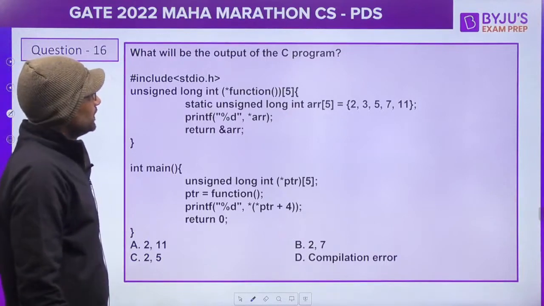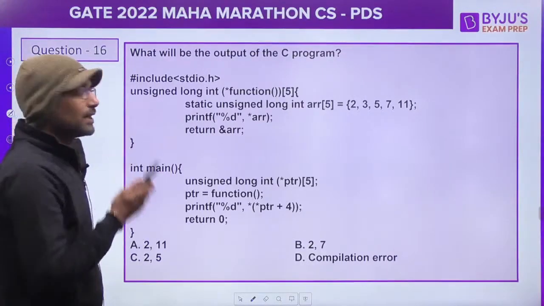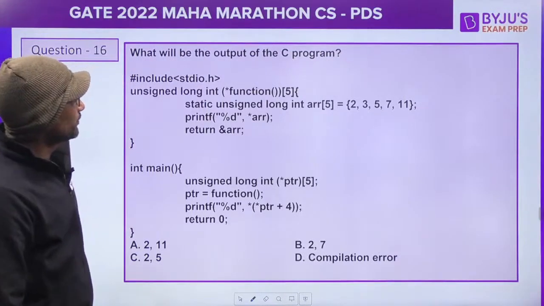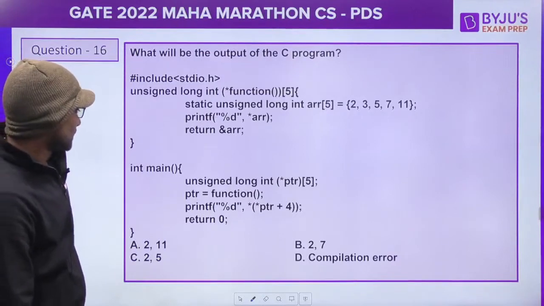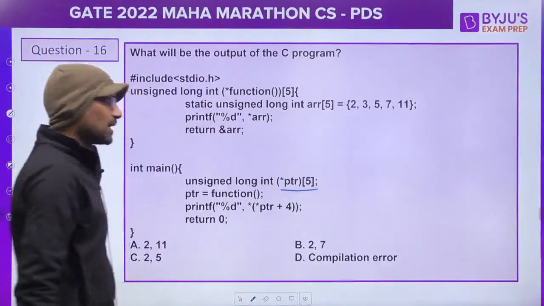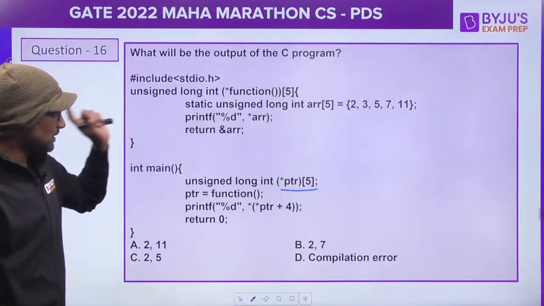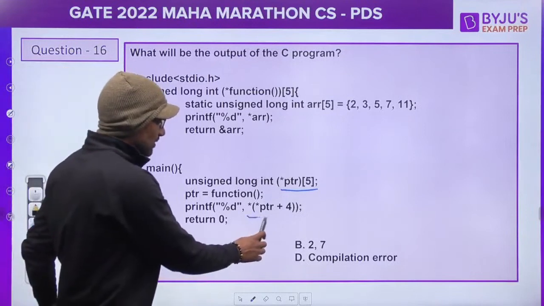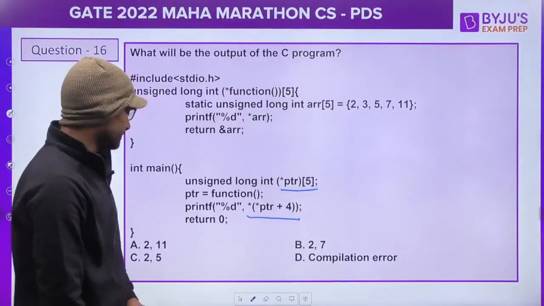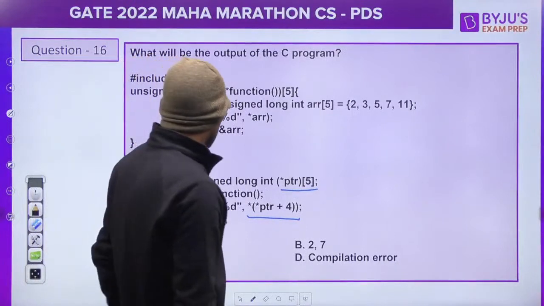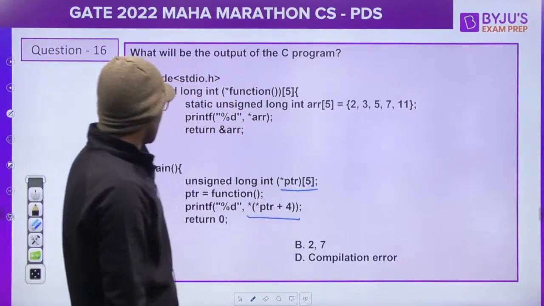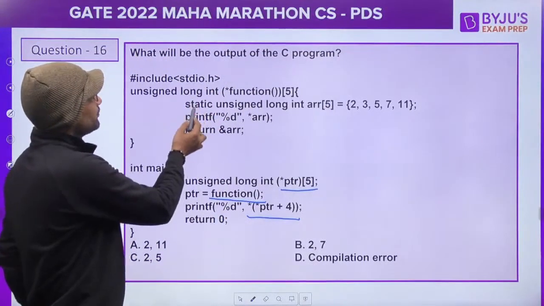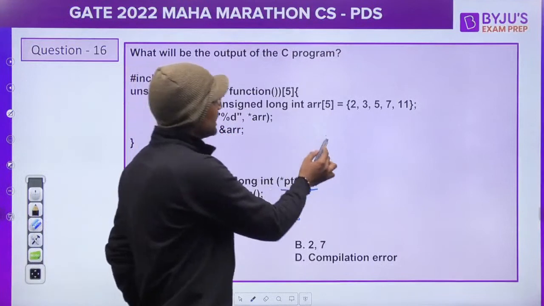So we have an array of function pointers: static unsigned long int array of 5, and star ptr of 5. PTR equals the function print star of PTR plus 4. So first we are calling the function. Now here we have a long int array of 5.